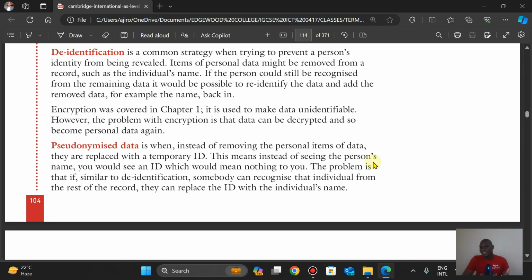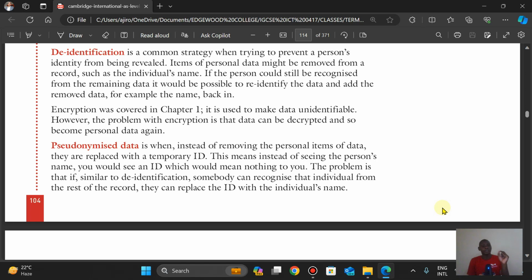This means instead of seeing the person's name, you will see an ID which will mean nothing to you. The problem is, it is similar to de-identification. Somebody can recognize that individual from the rest of the record. They can replace the ID with the individual's name. De-identification prevents a person's identity from being revealed, such as encryption.